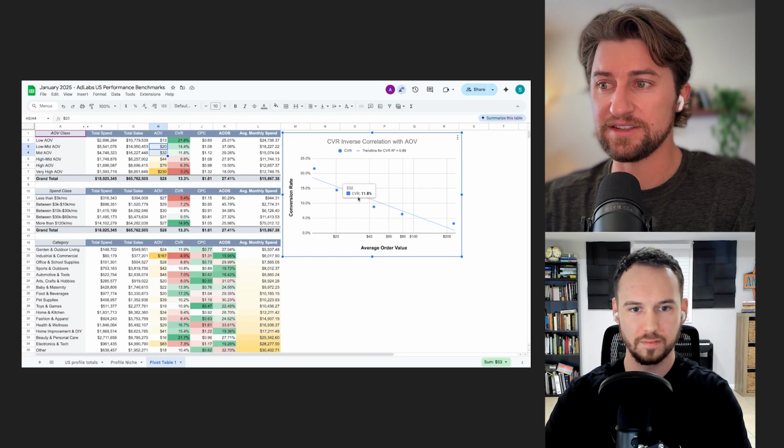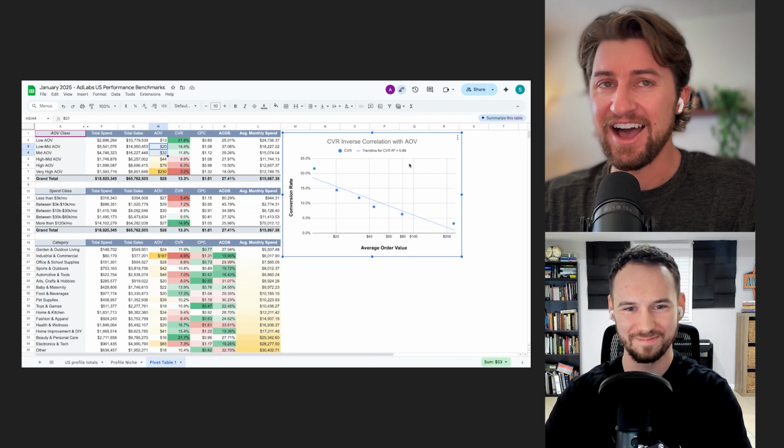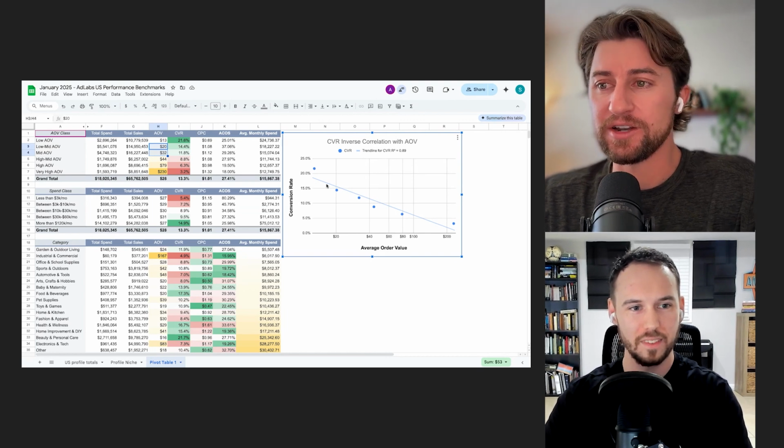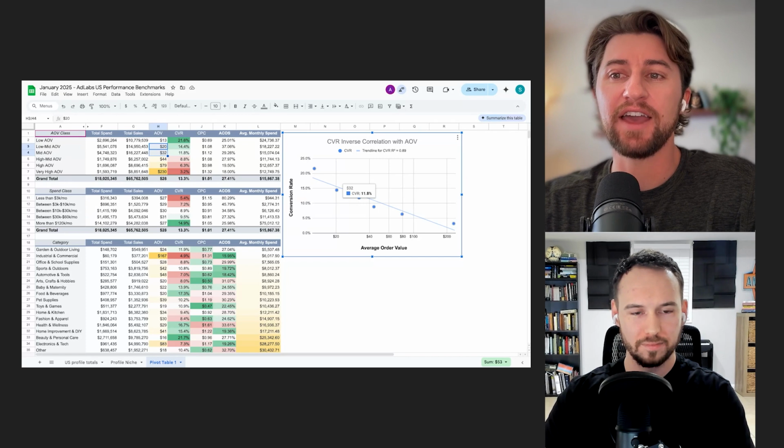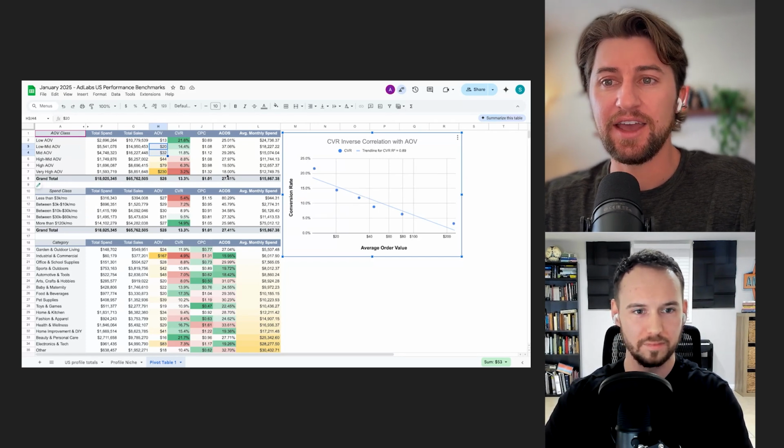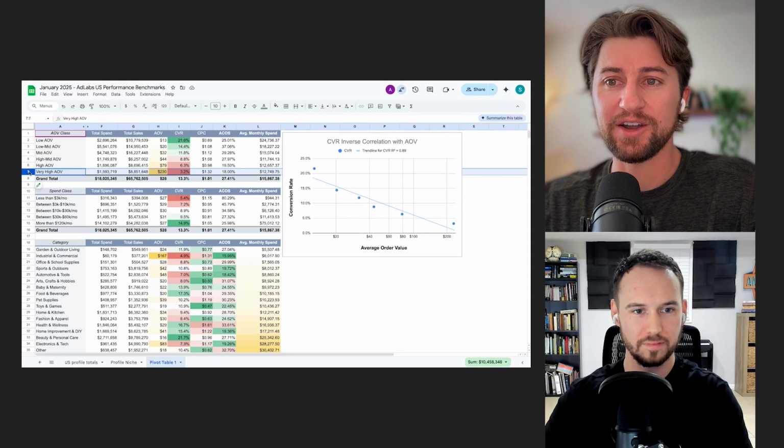You can see it's a pretty clear trend with a 0.89 R squared, which basically means about 90% correlated. So do not beat yourself up if you only have a 4% conversion rate and your products are $200; you're way above the average.